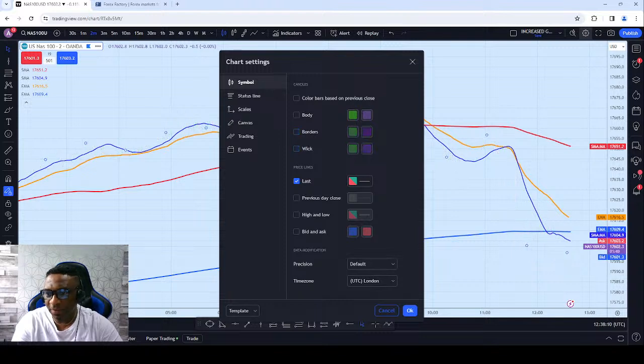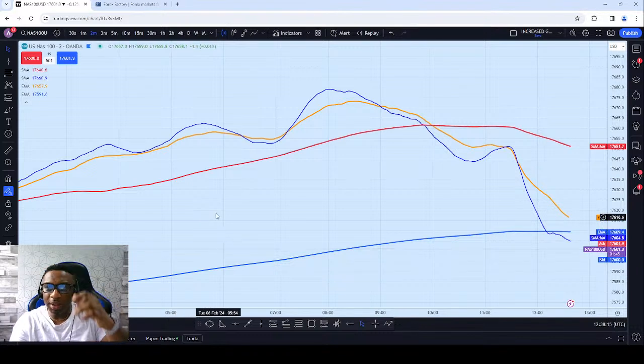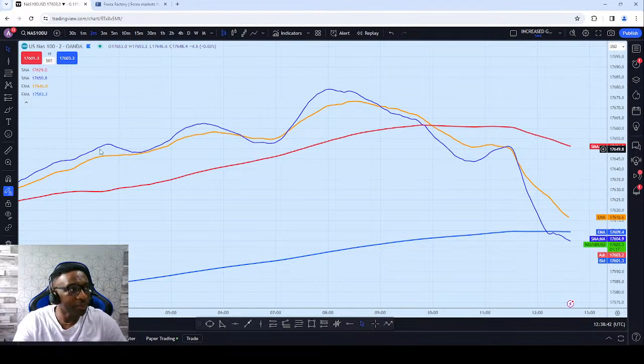I just want to show you something before we go on. This is the 200 moving average, and over here we have the 20 moving average as well, the simple. Just as I explained last time about the state of the market, it's very important to be mindful of it.